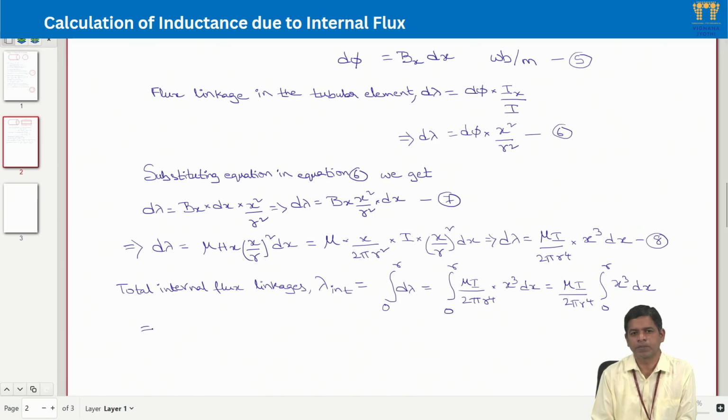So it implies lambda internal will be equal to mu I by 2 pi r power 4 into integration of x cube with respect to dx is x power 4 by 4 with lower and upper limits as 0 and r.